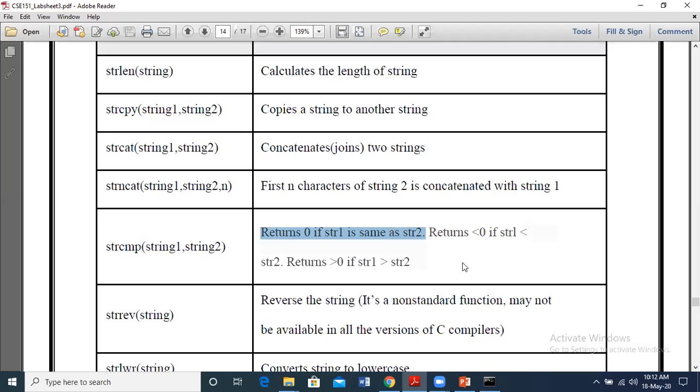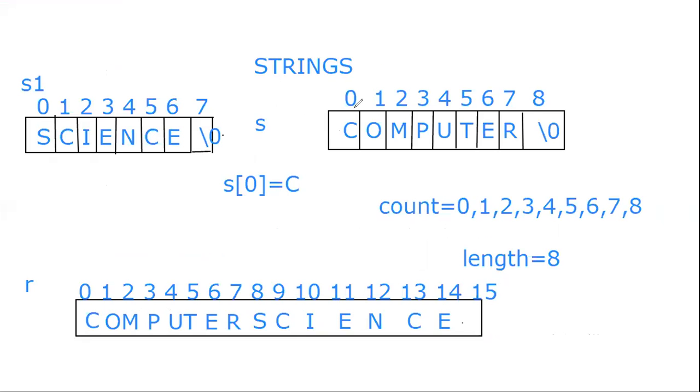So for that, if string 1 is less than string 2, considering the same example, how do you say one string is less than string 2? That is by comparing the characters. Here, the ASCII value of C is less than the ASCII value of S. So we can say that C is less than S. Say we start from 65 for A, 66 for B, 67 for C, and we continue so on.